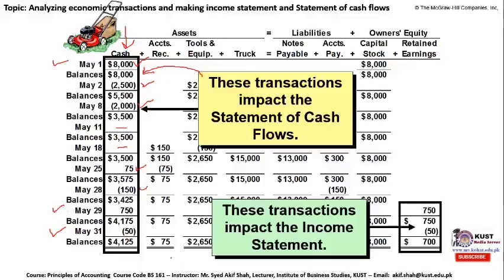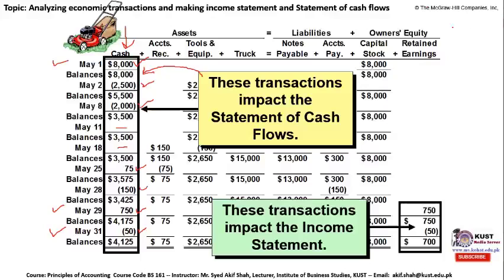Similarly, against May 29, $750 inflow, $50 outflow. So if you critically analyze the first column, which is the cash column, you can easily make your statement of cash flows.